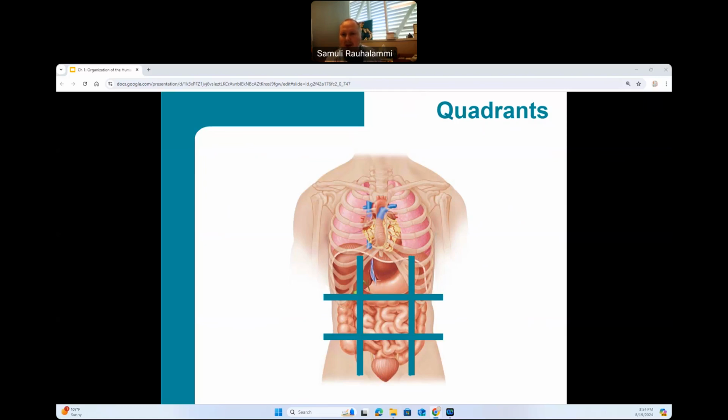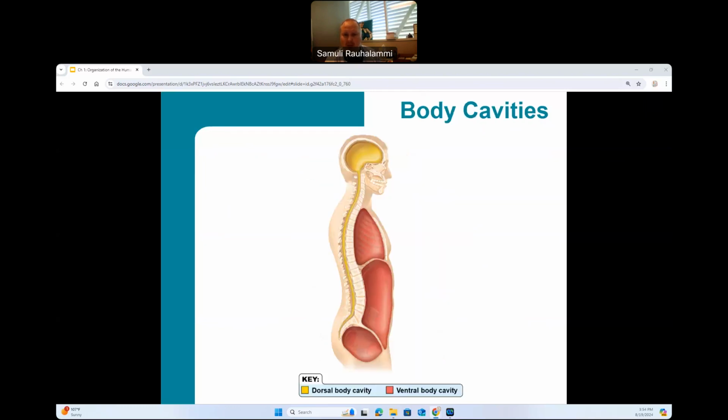Then we're seeing the left lumbar region, left iliac or inguinal region, hypogastric region, and then the right iliac or inguinal region. So we're seeing those different regions if we wish to look at those.